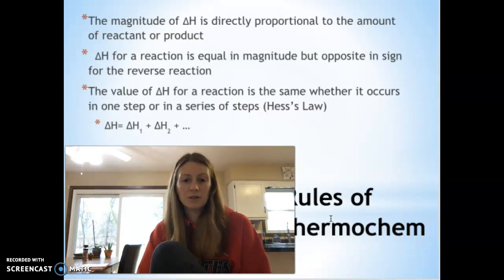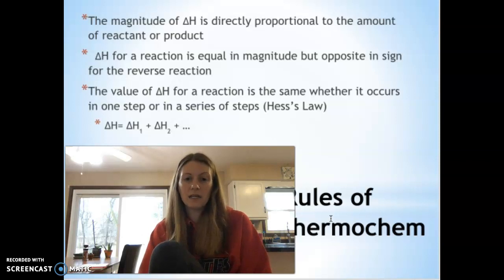The magnitude of delta H is going to be directly proportional to the amount of reactant or product. So delta H for a reaction is equal in magnitude but opposite in sign for a reverse reaction. So what that means is if we're going from reactants to products and it's positive and you reverse that reaction, so going from products to reactants, it'll be negative, but the amount won't change.